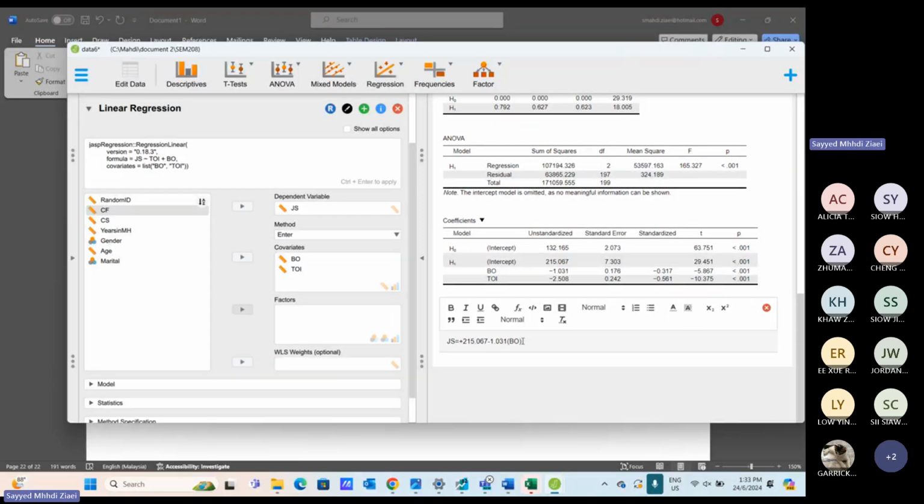Then we have, negative again, minus 2.508 TOI. So I utilize the add note option of the software to write down the formula. And most of them are significant.